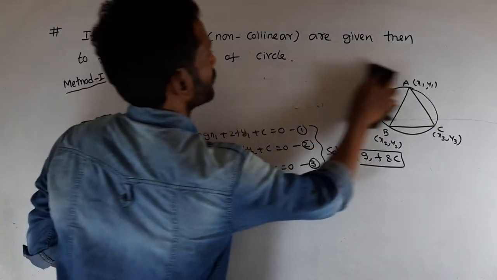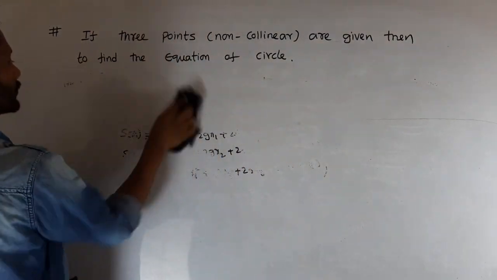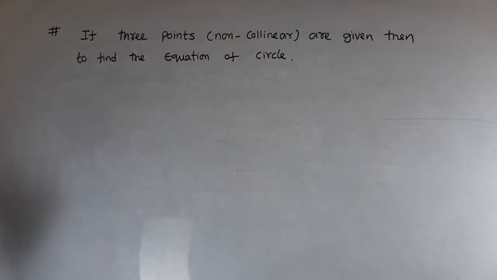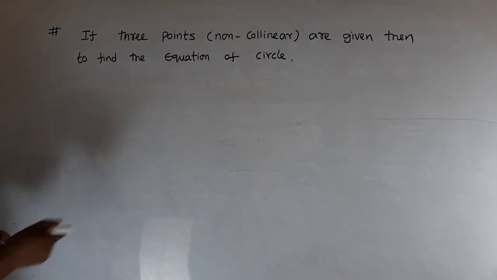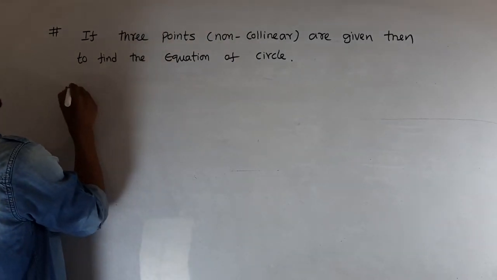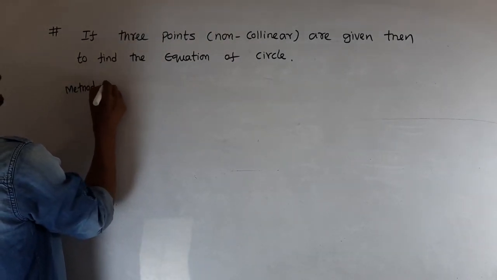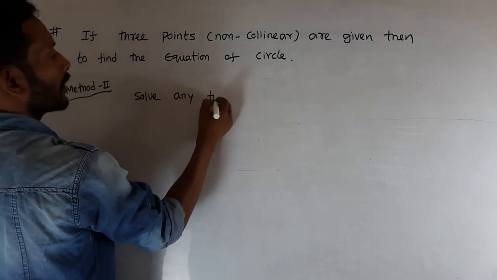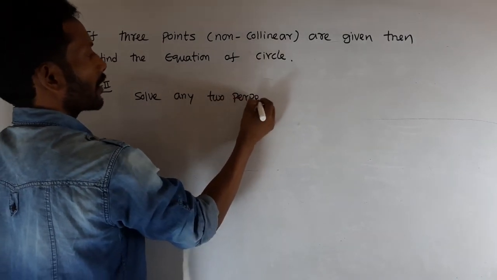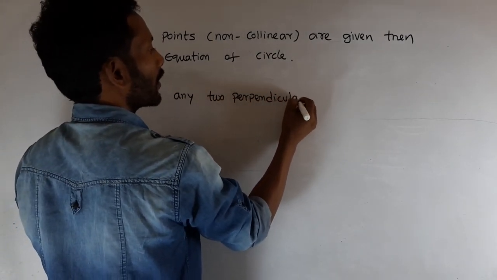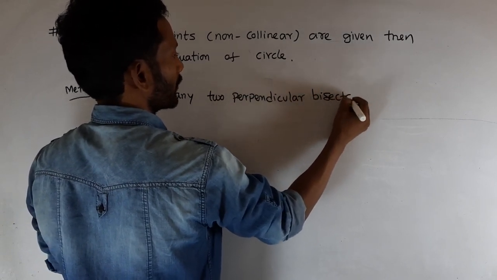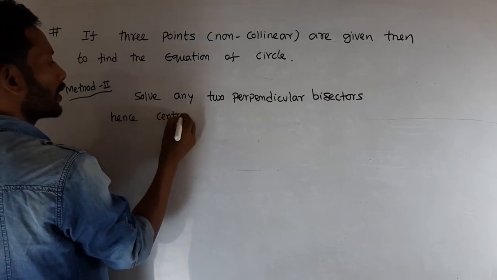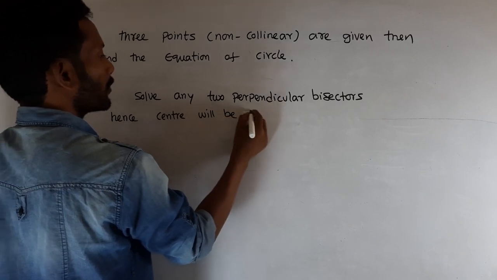Next, method 2. Solve any two perpendicular bisectors. Hence, the center will be obtained.